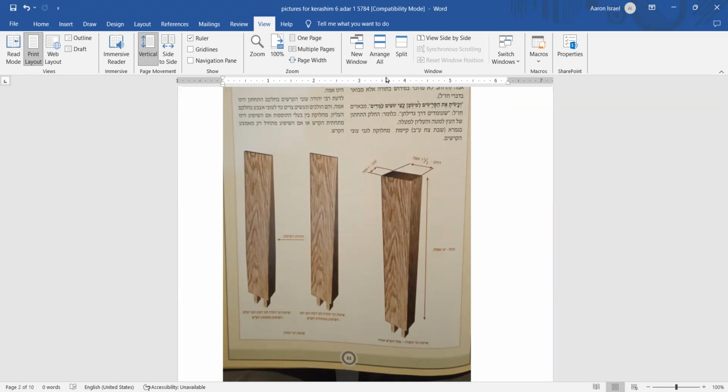Now, Rabbi Nehemiah, in the Mishnah says that they were 1 amma thick from top to bottom. They were uniform thickness throughout. So again, each pole is 10 amot high. However, it's not really 10 amot.